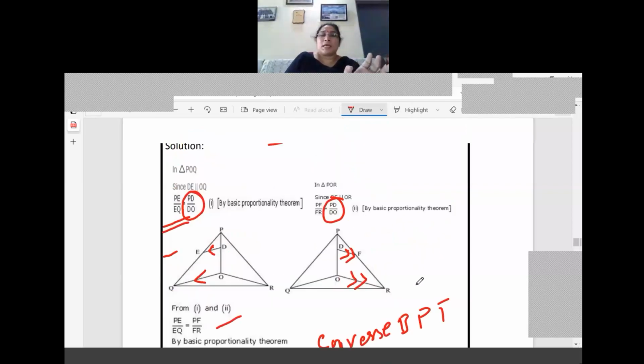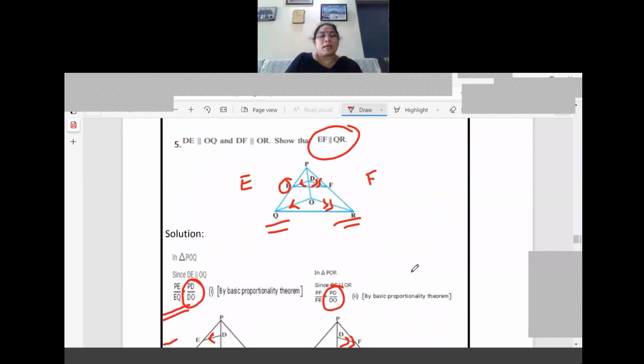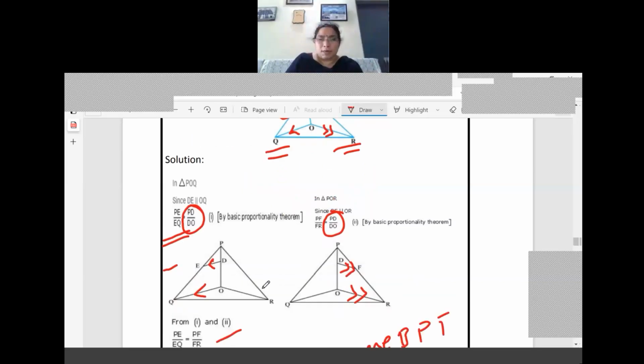So just once again, what we have given here: two parallel lines are given. Now we have to prove that EF parallel to QR. We have marked one by one, and we have taken the first equation and the second equation by basic proportionality theorem. That is PE by EQ equal to PD by DO.